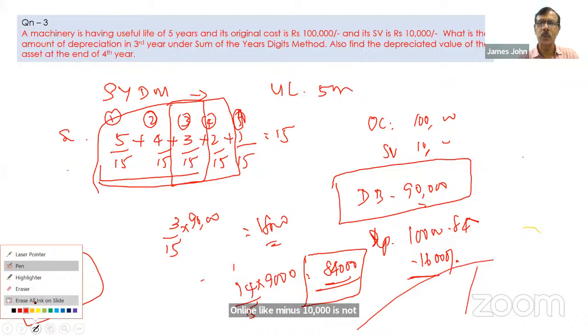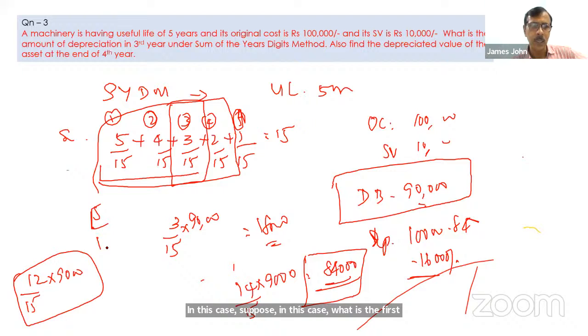What is 90,000? 90,000 is the depreciable base. That means 90,000 is the amount for which you have to provide depreciation over the 5-year period. It is not the book value. Book value originally is 1 lakh. The first year depreciation you got 18,000. So what is the book value at the end of first year? In this case, what is the first year depreciation?